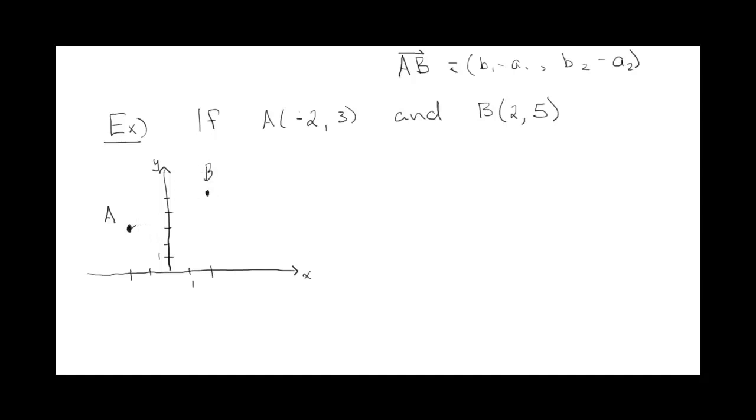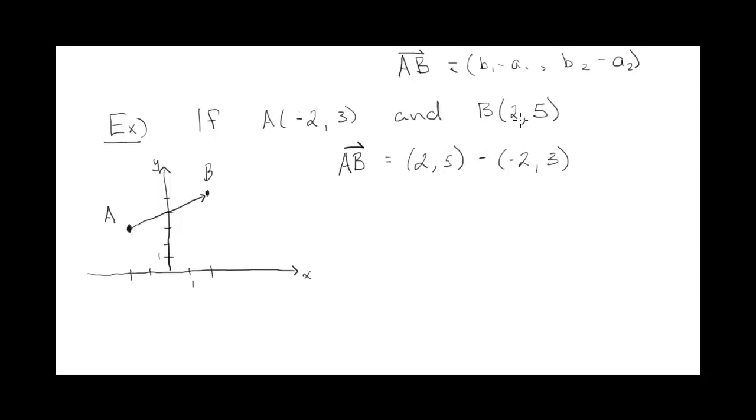So this vector here, we're looking for the coordinates of that. So AB, by our definition up there, is the vector OB minus OA. So that would be 2, 5 minus 2, 3. Notice here when I write 2, 5, this is a vector, right? Vector minus a vector.